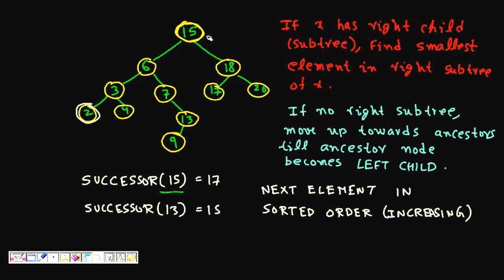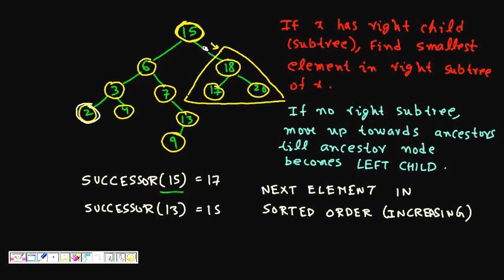We must look into the right subtree. Successor means the value which is just higher than 15. So we must find, in this right subtree, whichever is the minimum value, and that will be the successor of 15.